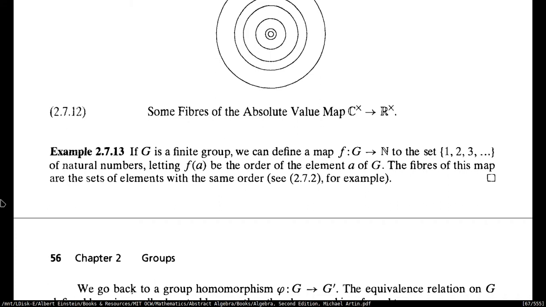So if you have an element a in the group, f of a represents the order of that element. The fibers of this map are the sets of elements with the same order, right? So naturally, if you take the fiber of, let's say, 3, you're going to get all the elements of G that have order 3, right?